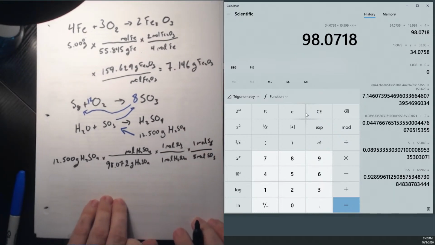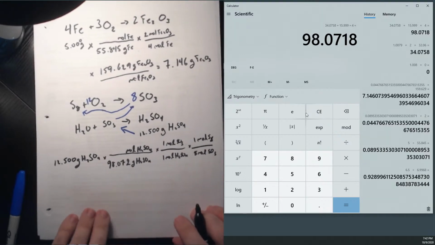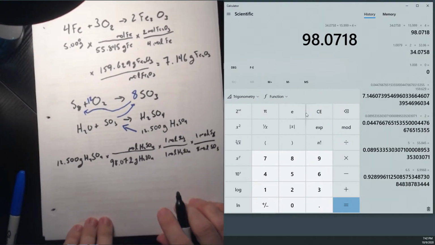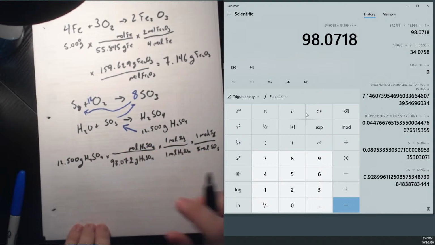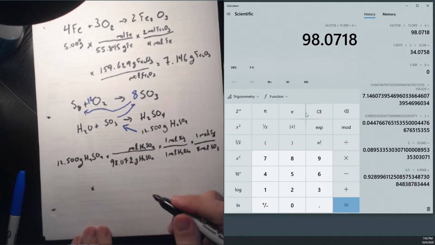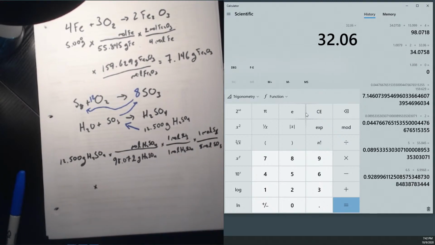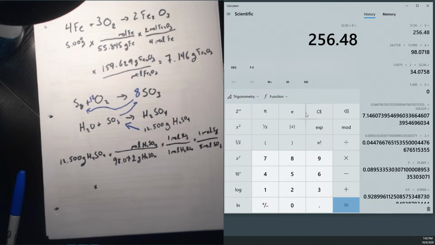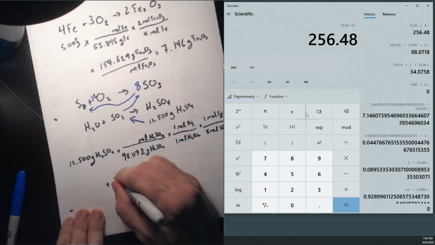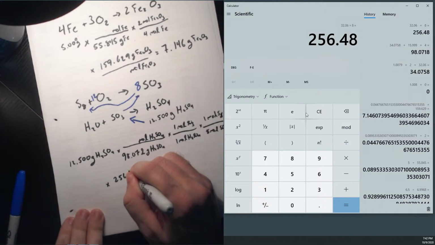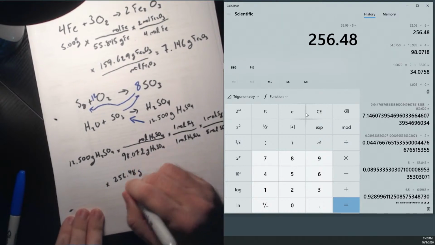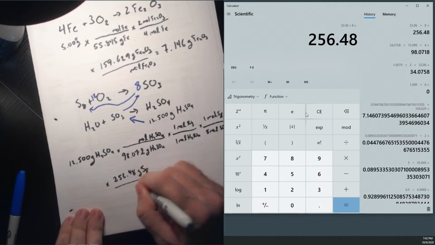But again, I didn't make it explicit in the way I wrote it, but I'm asking for mass. I'm always asking for mass because I want to make you practice this stuff. So we also need the molar mass of sulfur, which is just 32.06 times 8. 256.48 grams of sulfur per mole of sulfur.